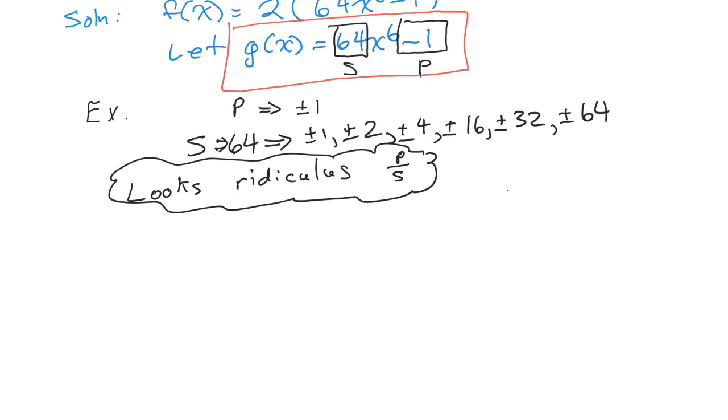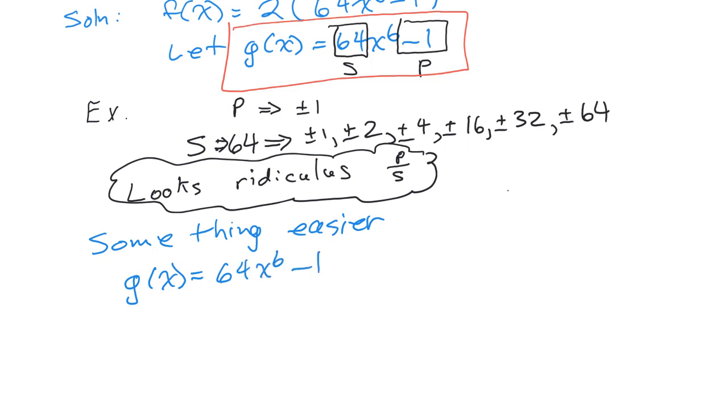Let's try something a little easier. So let's say g(x) is still 64x to the 6 minus 1. But what would happen if we actually wrote it like this?